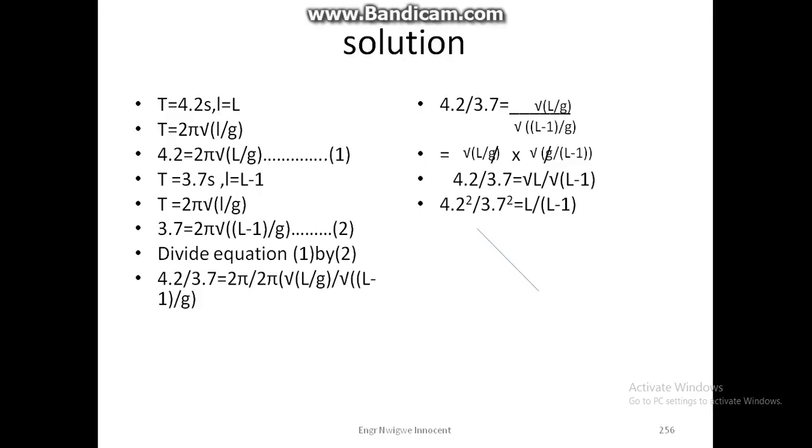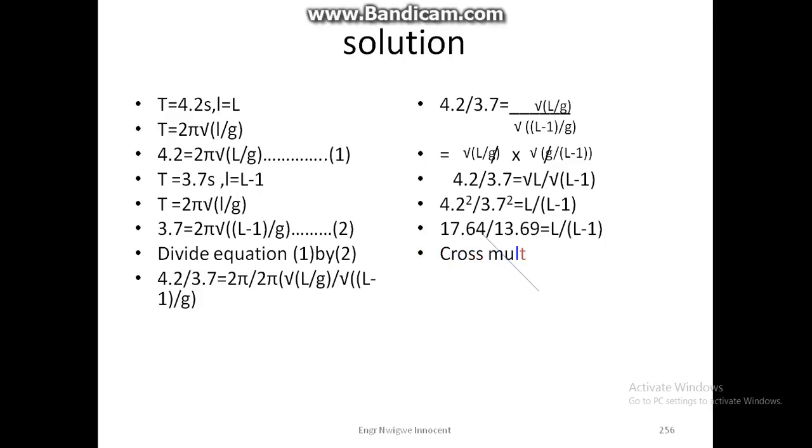Removing the square root, we have 4.2 squared over 3.7 squared equals L over L minus 1. That is 17.64 over 13.69 equals L over L minus 1.